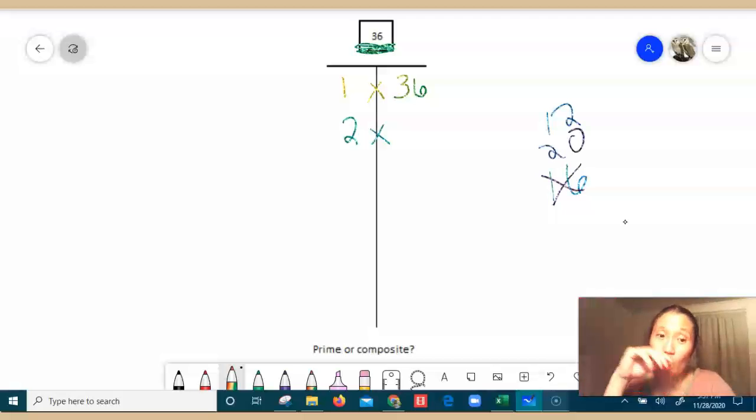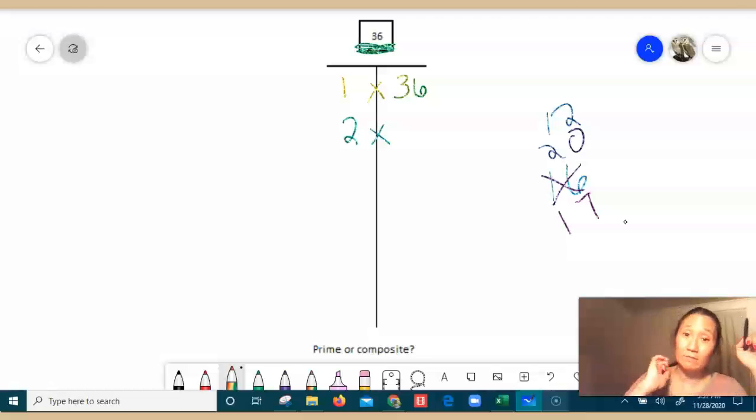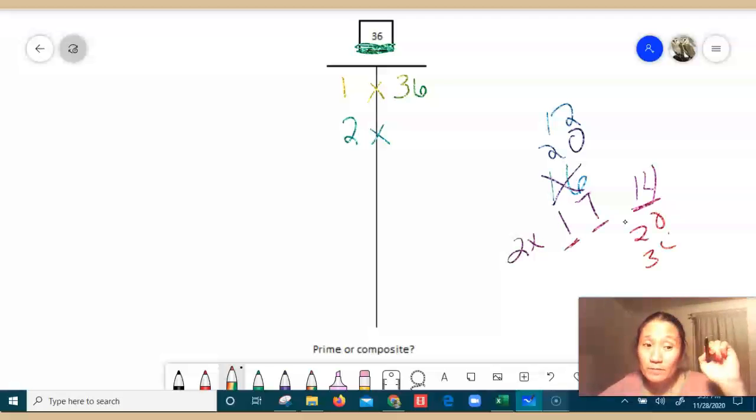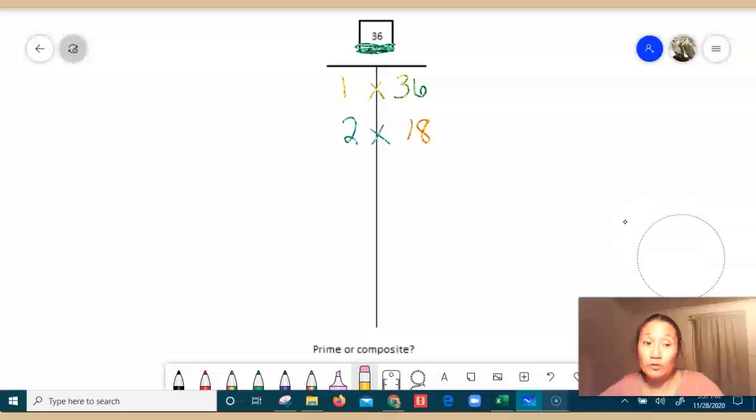So 16 doesn't work. 17: 2 times 7 is 14, 2 times 10 is 20, so that'll be 34. That's closer, but not quite. And then how about 18? If you double 18, that's going to be 36. So 2 times 18 equals 36.